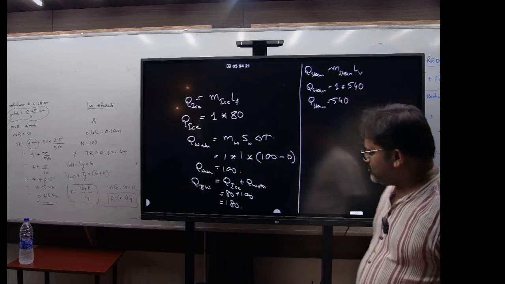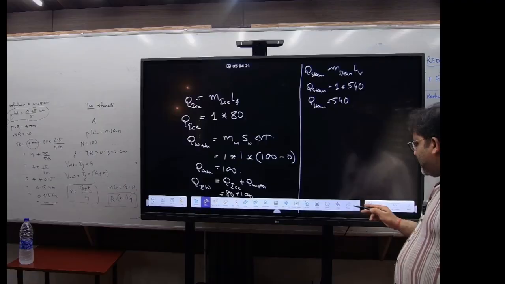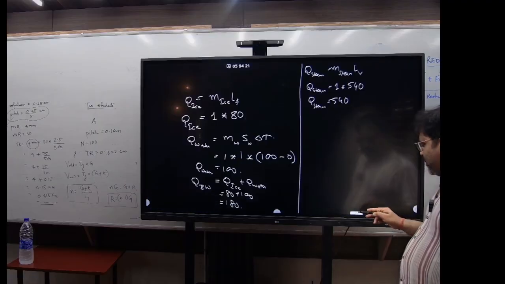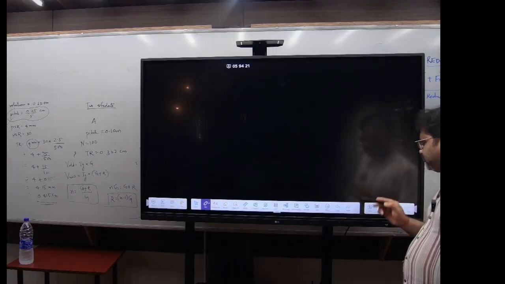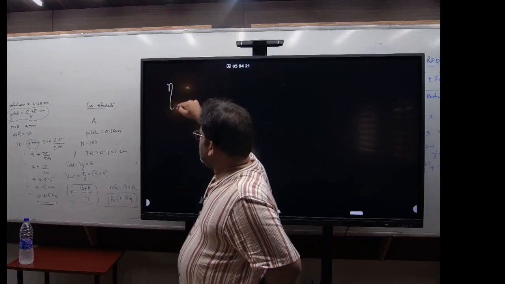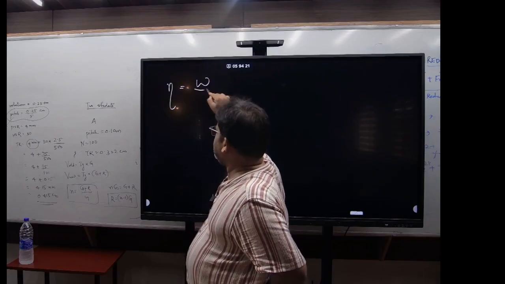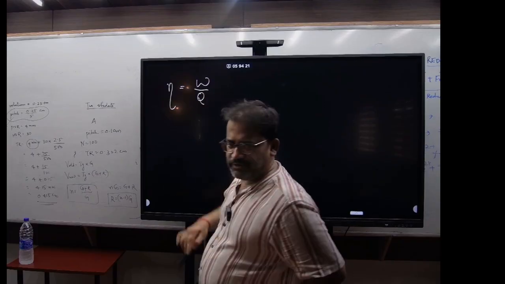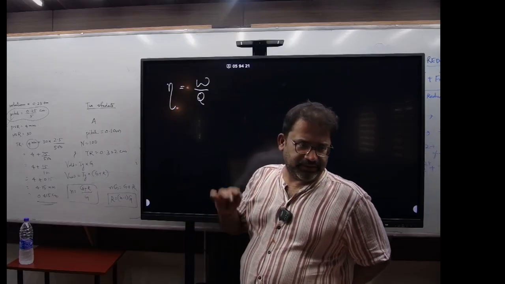Very good. So, what is the meaning of efficiency? Efficiency is nothing but the ratio of useful work done to the amount of heat given to it.